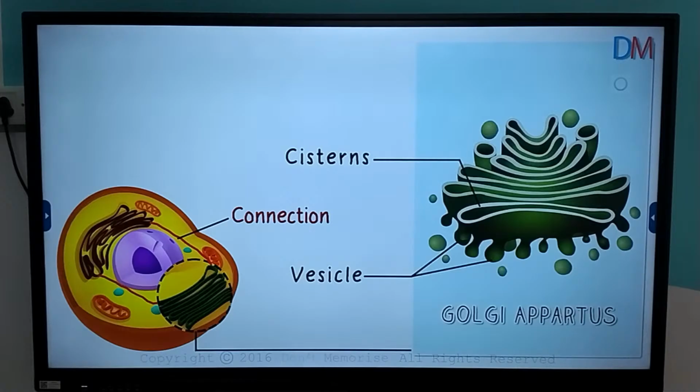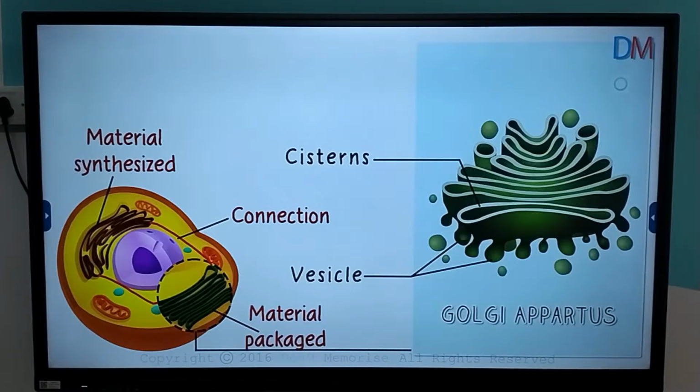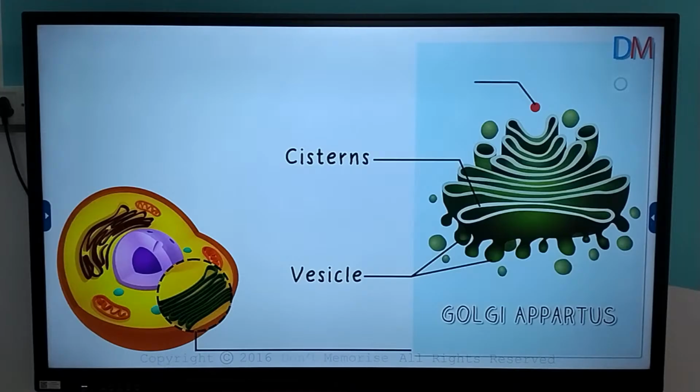Why do you think they're connected to it? It's because the materials synthesized in the endoplasmic reticulum need to be packaged and sent to different places. Imagine a simple sugar molecule going into the Golgi body through the endoplasmic reticulum. It passes through the cisterns and gets modified.